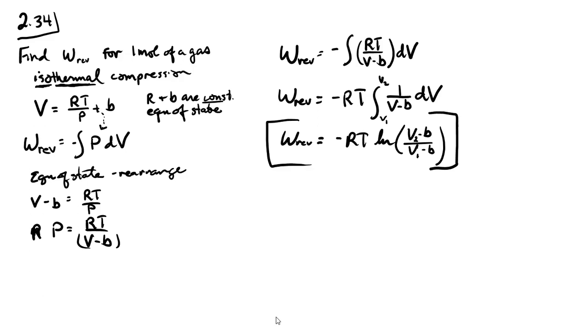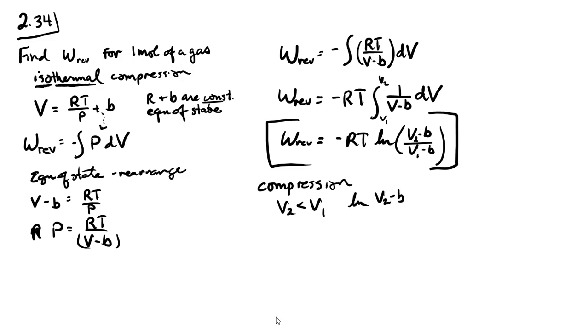Let's think about this. This is a compression, so that means that V2 is going to be less than V1, right? So V2 minus B over V1 minus B, and then we take the natural log.